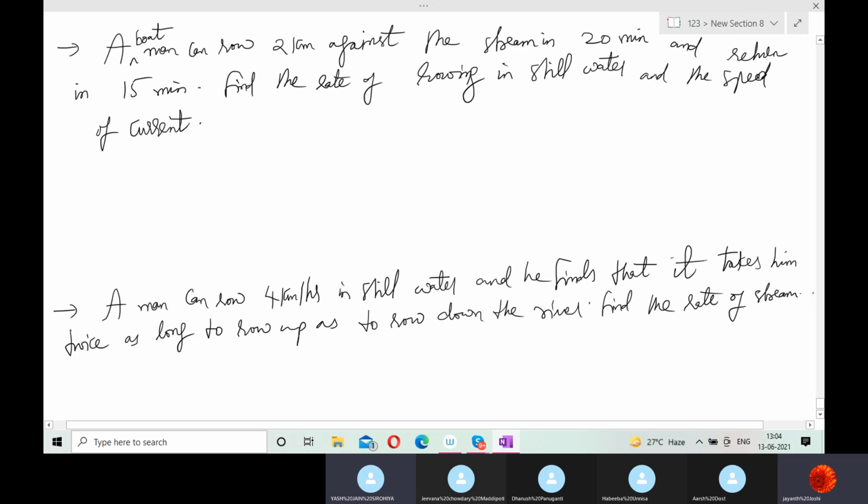Sir, rate of current is 1 kilometer per hour. For the first one, answer is 1 kilometer per hour, sir. Yeah, rate of current is 1 kilometer per hour. Yes, sir.